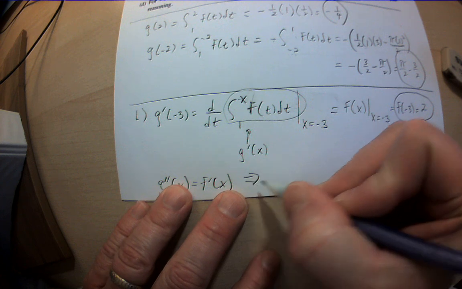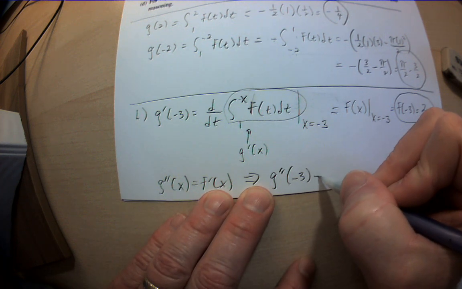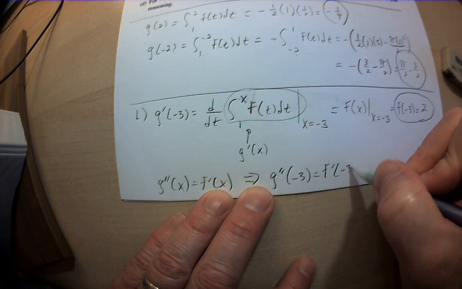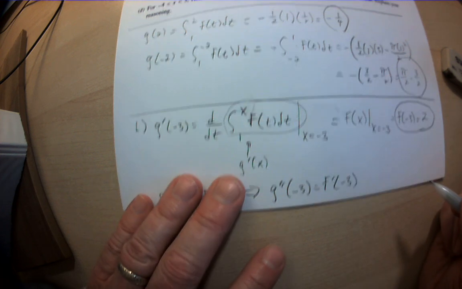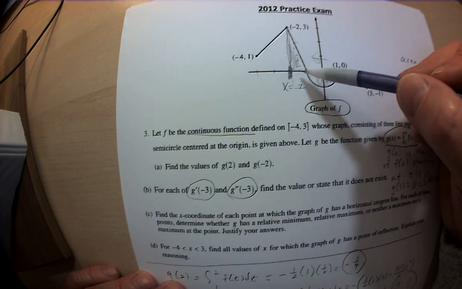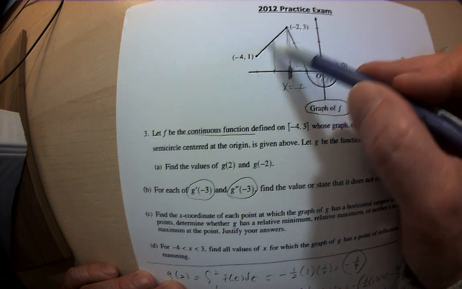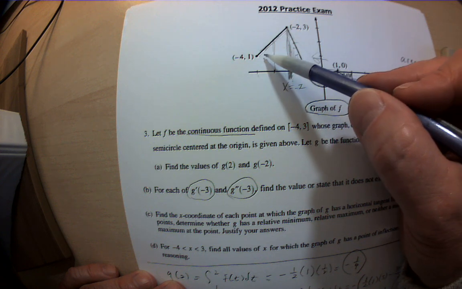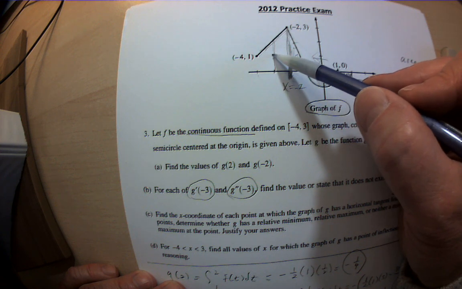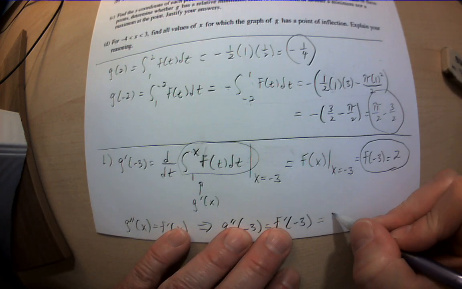So therefore, g double prime of -3 is going to be f prime of -3. Okay, what's f prime of -3? So when x is -3, 1, 2, 3, okay? So f prime, it's the slope of that line, okay? So I go 1, 2 over, I go 1, 2 up. So that slope is 1.